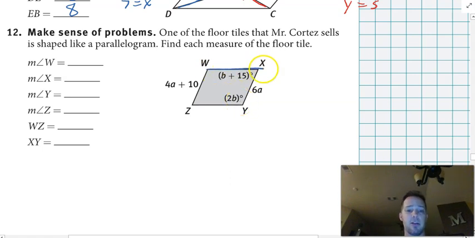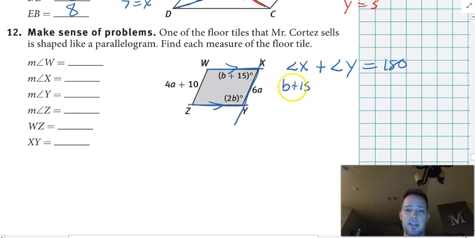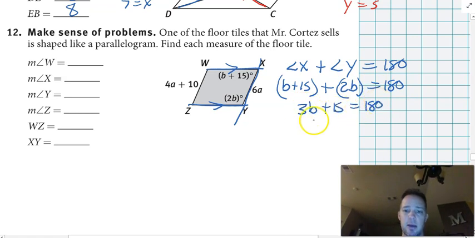But because it's a parallelogram, the parallel lines cut by a transversal do make same side interior angles that are supplementary. So I know angle X plus angle Y has to add up and equal 180. So B plus 15 plus 2B equals 180. So combine like terms, 3B plus 15 equals 180. 3B equals 165.